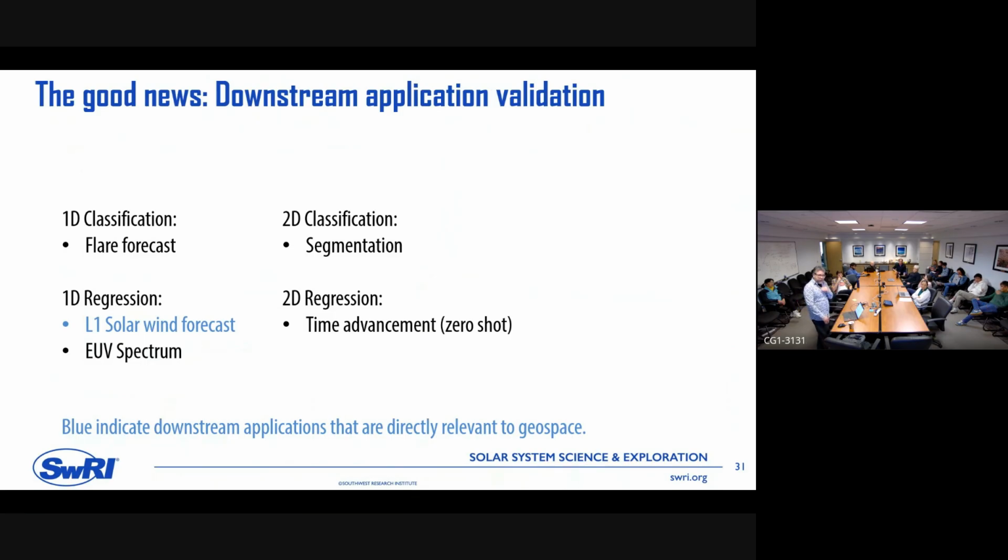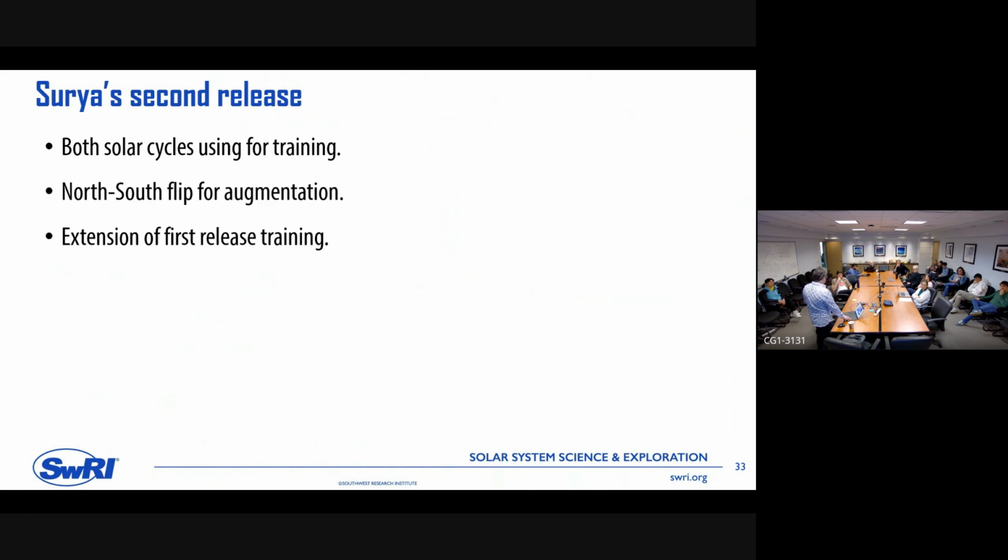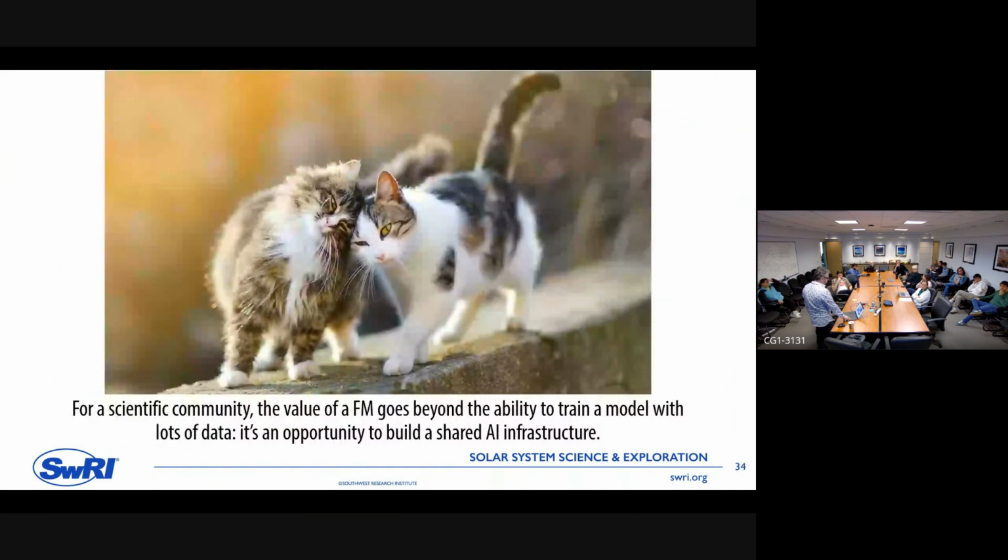So we are at the end of the hour. I'm going to skip really quick to something. We're working on a second release, but we will hear about that later.